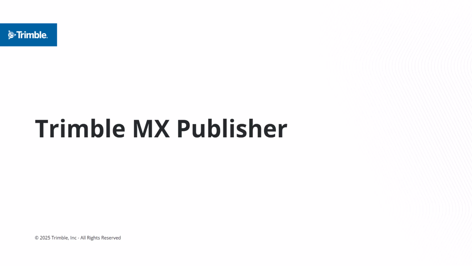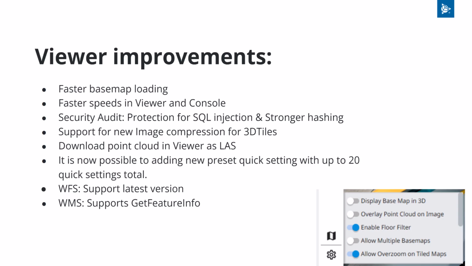Moving further with Trimble MX Publisher, let's start with viewer general improvements. Optimizations have been done to improve the user experience and boost performance, speeding up the console viewer and even improving base map loading.